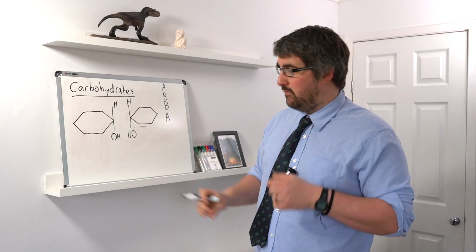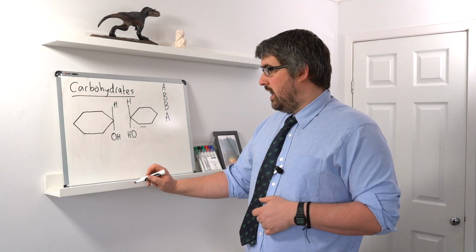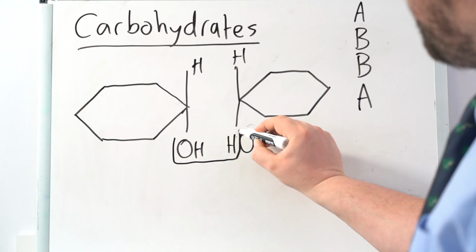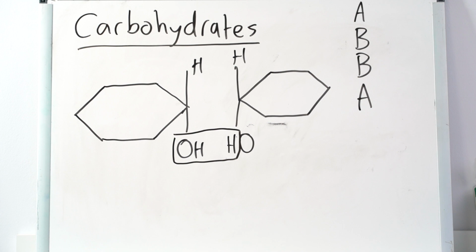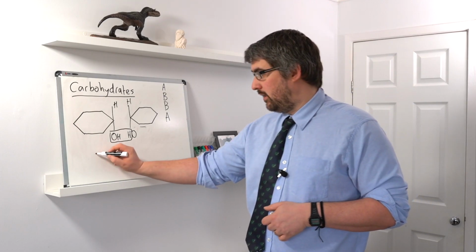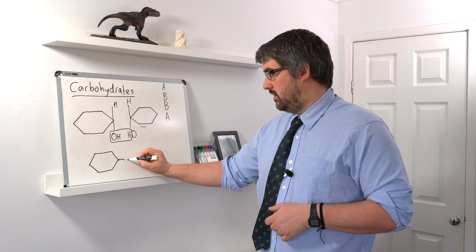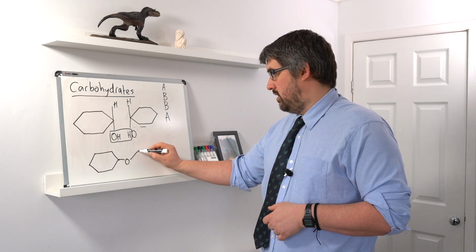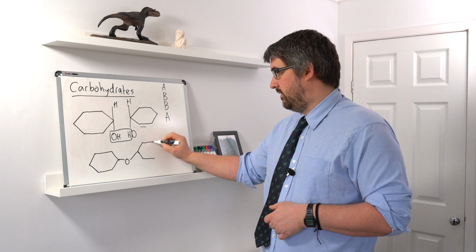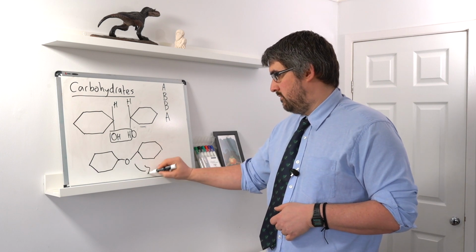Don't worry, that will already be there for you in the exam, generally speaking. And I will circle what will be the water molecule that's removed. What will remain will be something like this. And we'll have our oxygen there still intact, and obviously the removal of that water.